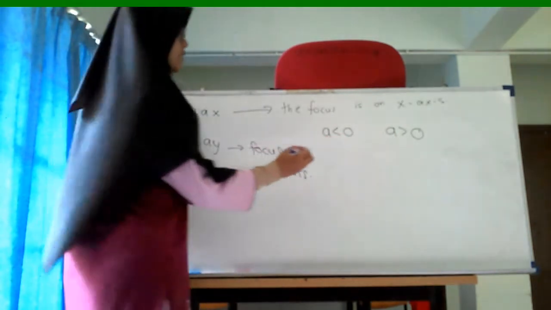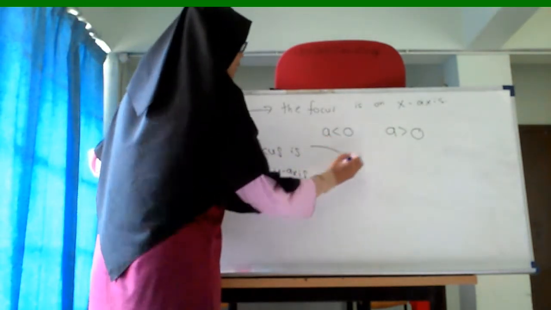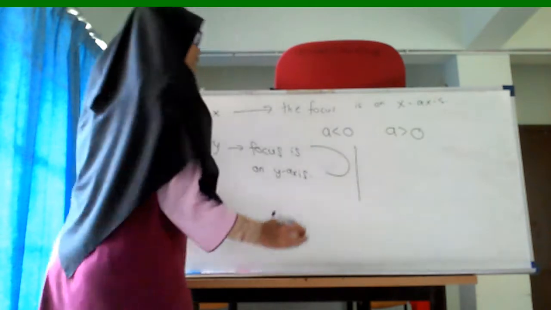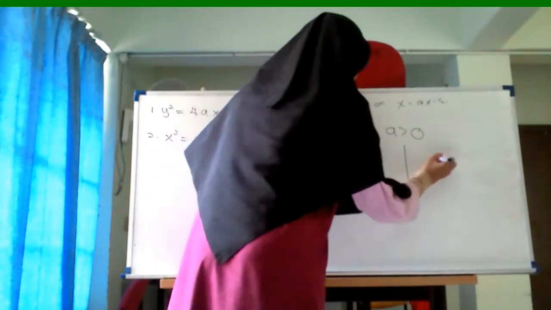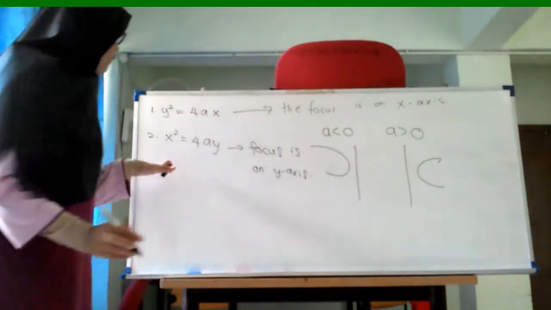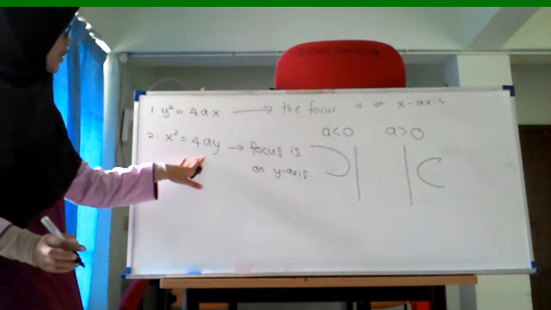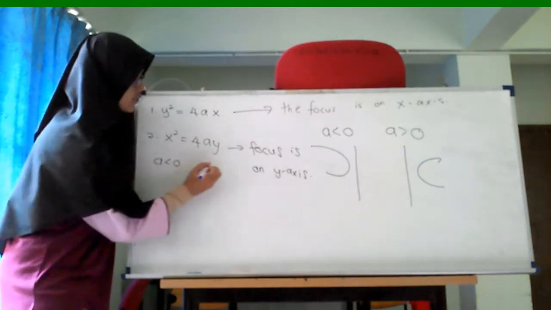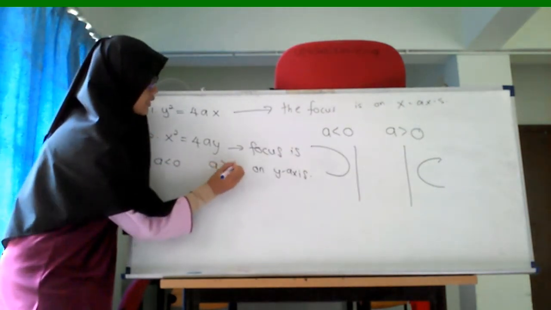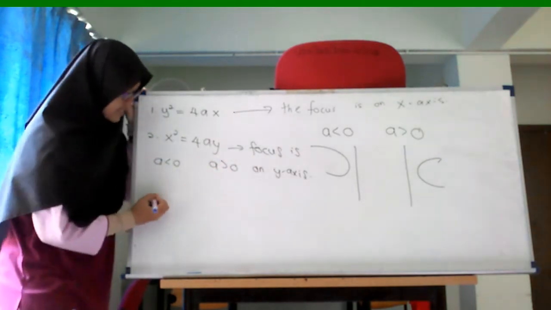For x squared equal to 4ay, when a is less than 0, it will open down, and when a is bigger than 0, it will open up.